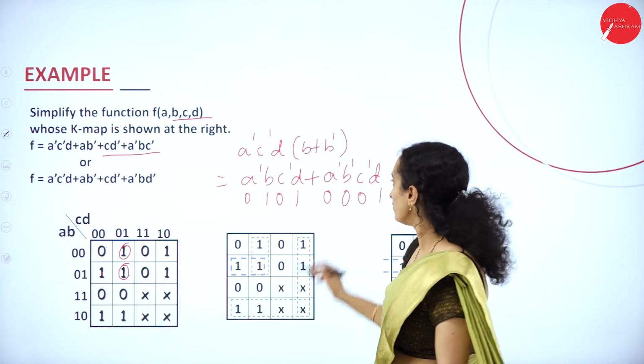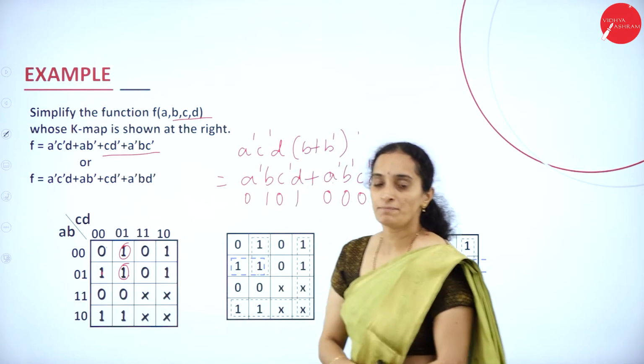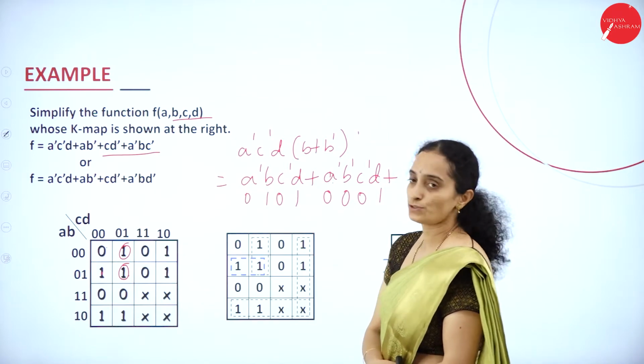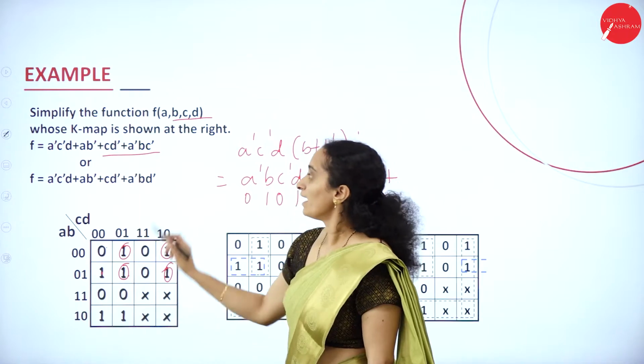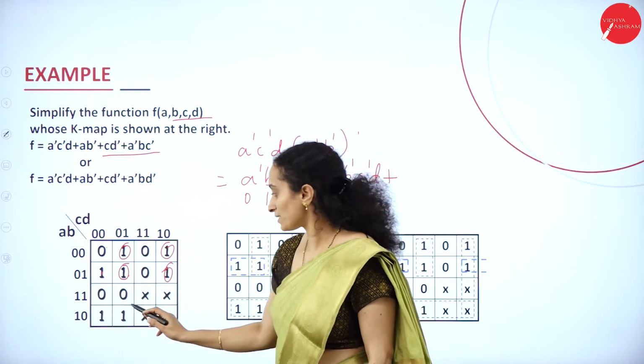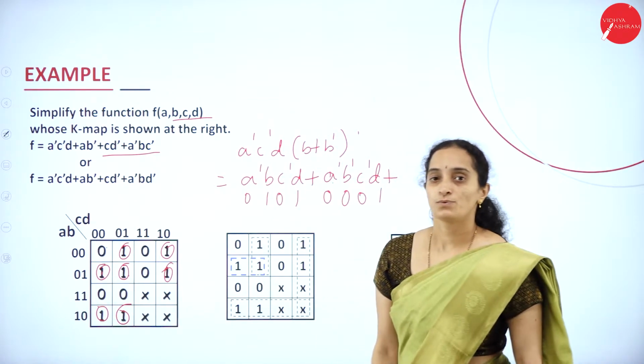So this is the value, plus. Now we have A, B dash. You have to add two values which gives these values. And again for the next expression, you have to add the values which gives these ones.